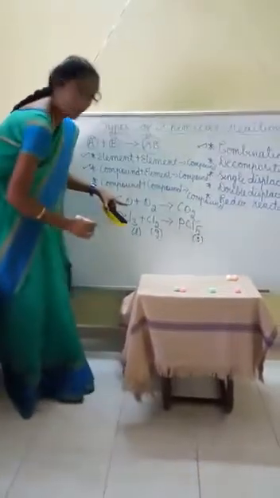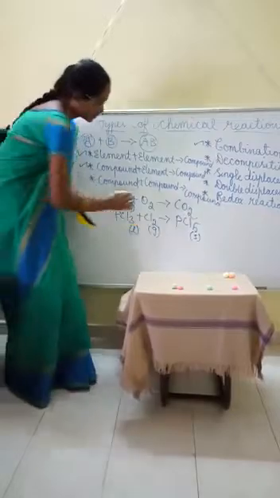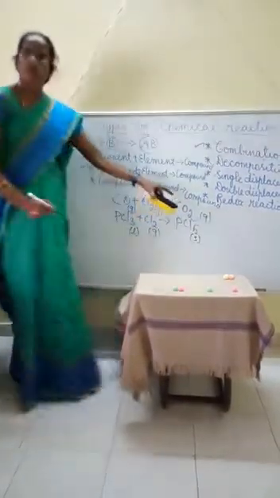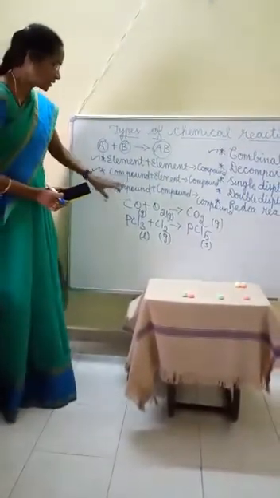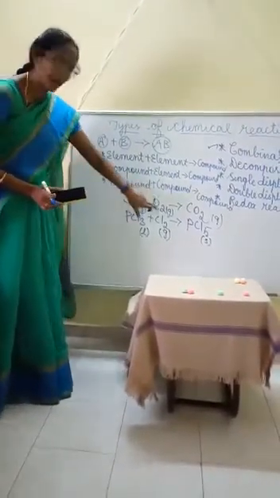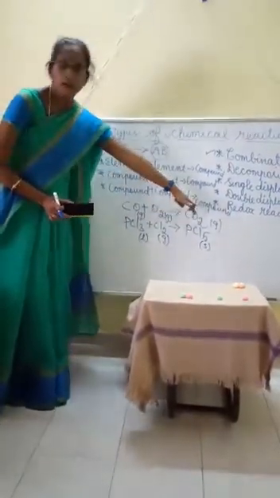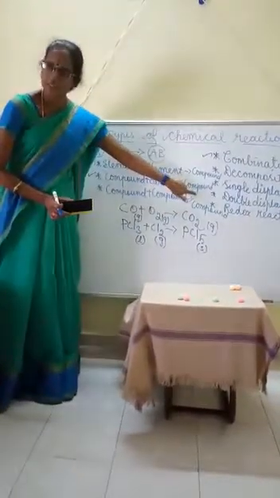Here also we have to mention carbon monoxide is a gas, oxygen is a gas, and carbon dioxide is also a gas. So we have to mention the physical states like this. Here the reaction takes place between a compound and an element, and both react to give the product.